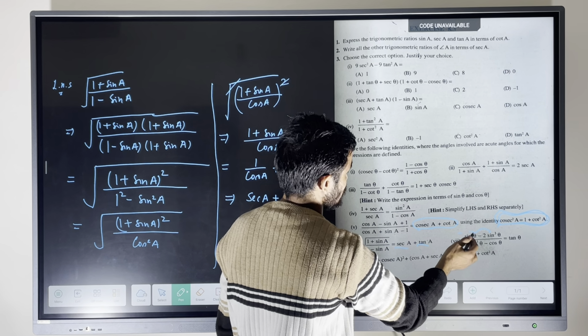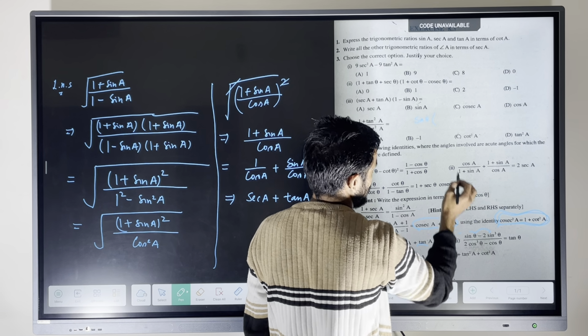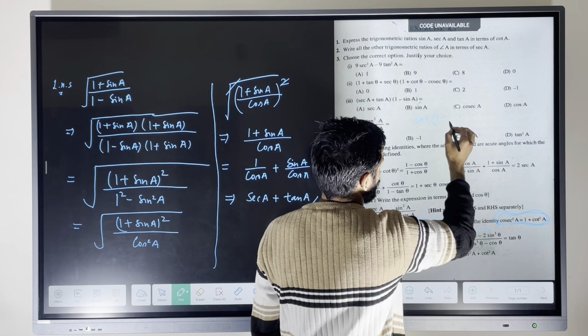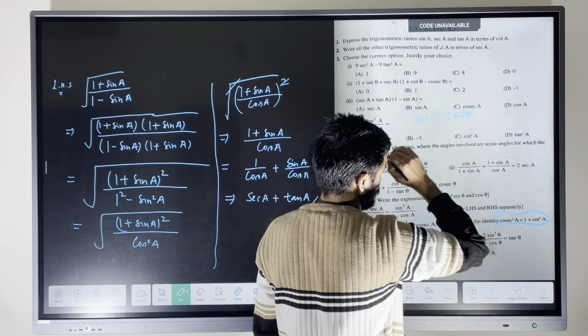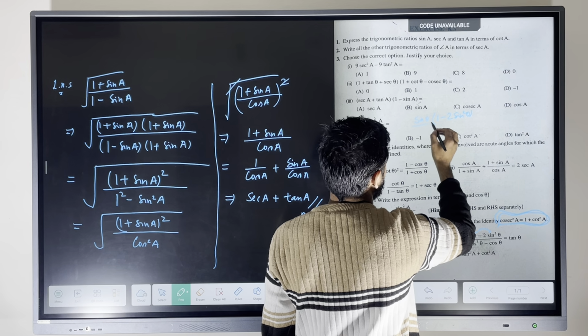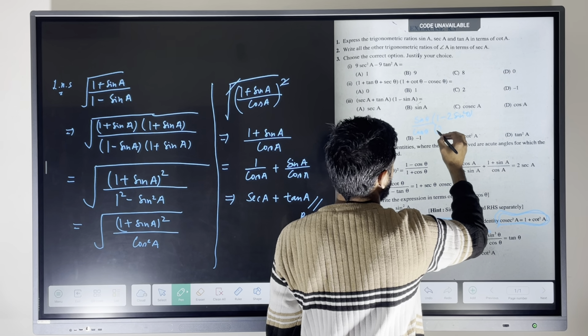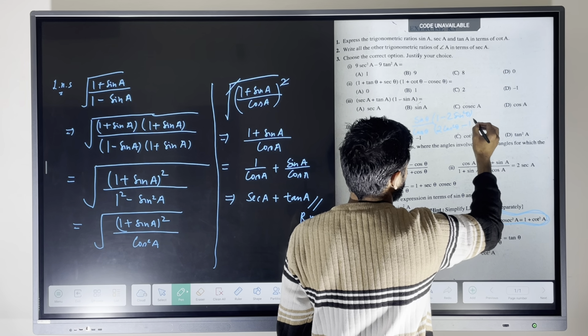So if you take sin theta as common, it will be sin theta into 1 minus 2 sin square theta, and if you take cos theta common, it will be 2 cos square theta minus 1.